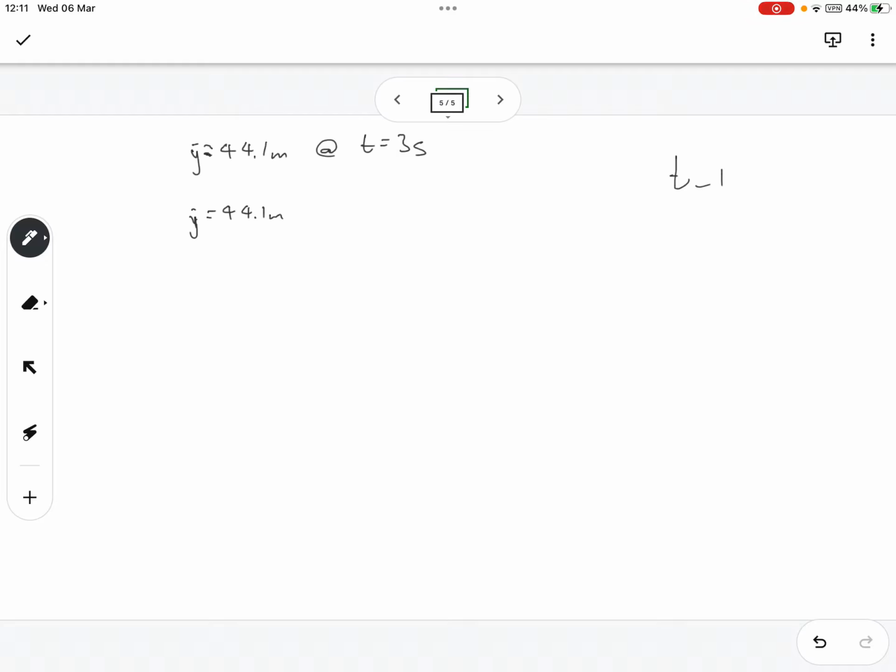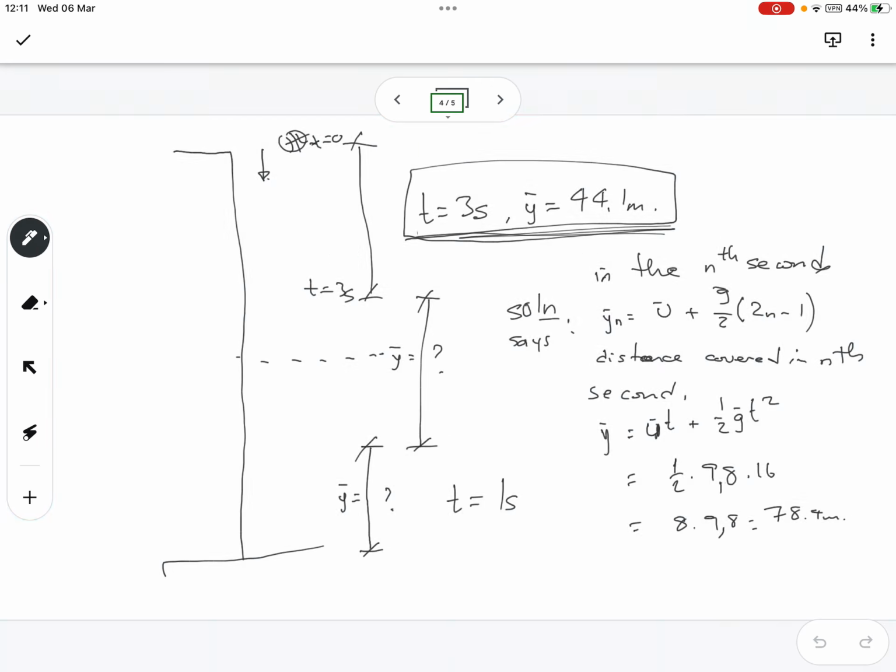So it means our answer when we got 10 seconds wasn't really wrong, though it was a bit far off.